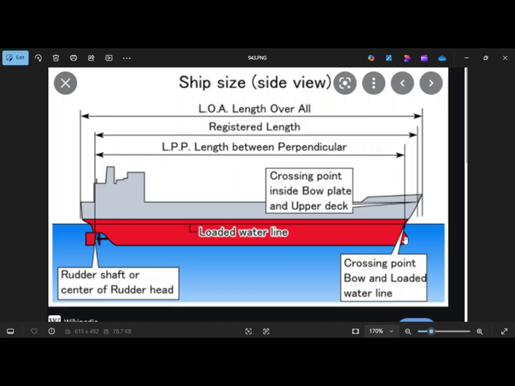There you will have your draft forward, and you can have your draft aft here. So from the aft perpendicular to your forward perpendicular is what you call the length between perpendiculars. I hope that's clear.